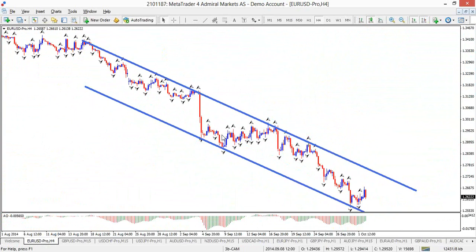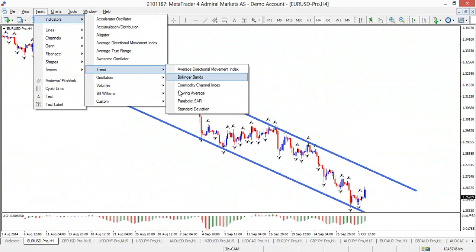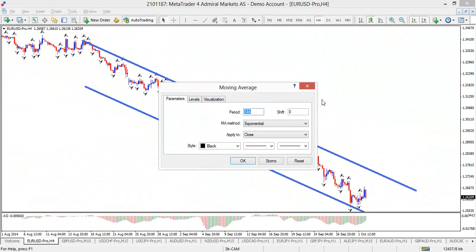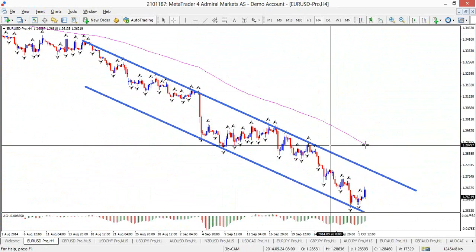And there is some lingering divergence between these bottoms here on the euro dollar. Now with divergence, we know that price typically, on average, goes back to the 144 EMA. 144 is all the way up here, 128.88.